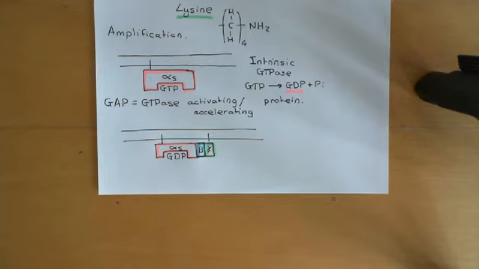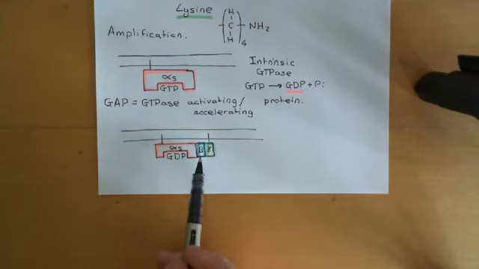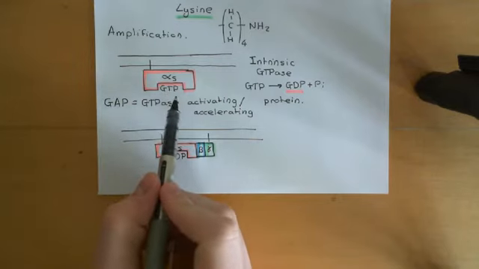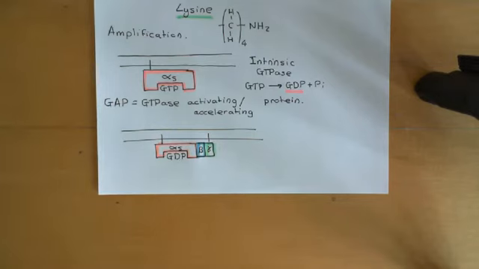So to summarize then, when we've removed the ligand from the extracellular fluid, we've blocked further activation of GS heterotrimeric G proteins, eventually our alpha S subunits that are already on are going to turn themselves back off, so that's brilliant, which means that the adenylyl cyclases are going to turn themselves off because they will no longer have the alpha S GTP subunit bound to them, which means we're not going to be producing any more cyclic AMP.